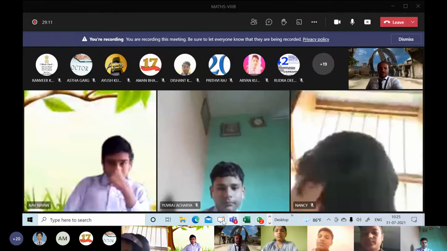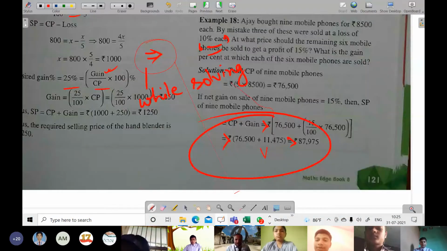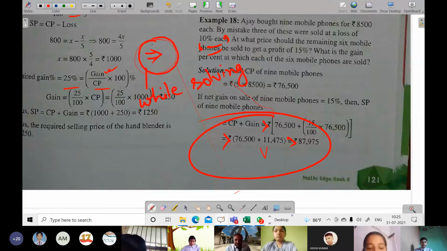So what I was saying, where to use this: is equal to, and this tends to. This arrow sign is also said as tends to or implies to.